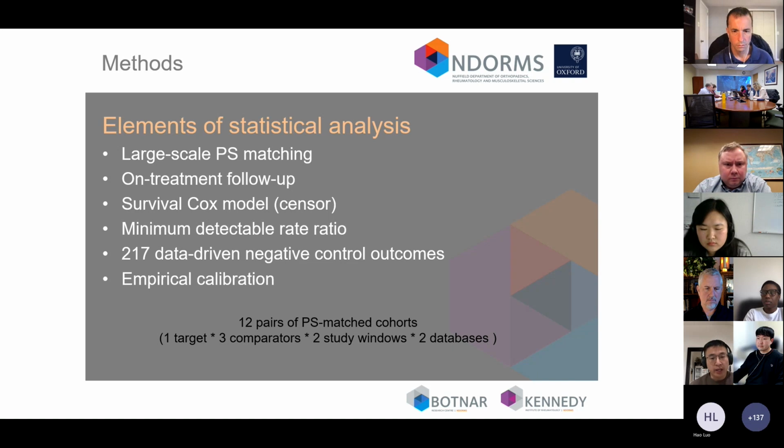What's more, we also quantitatively assessed the likelihood of uncontrolled bias by using data-driven negative control experiments, and used the empirical distribution information to calibrate our final estimates. To sum up, in this study, we finally constructed 12 pairs of cohorts, which is one target drug multiplied by 3 comparators, 2 study windows, and 2 databases.